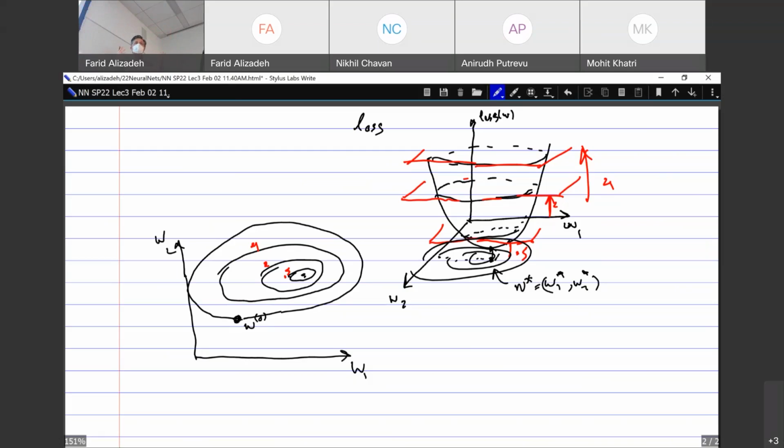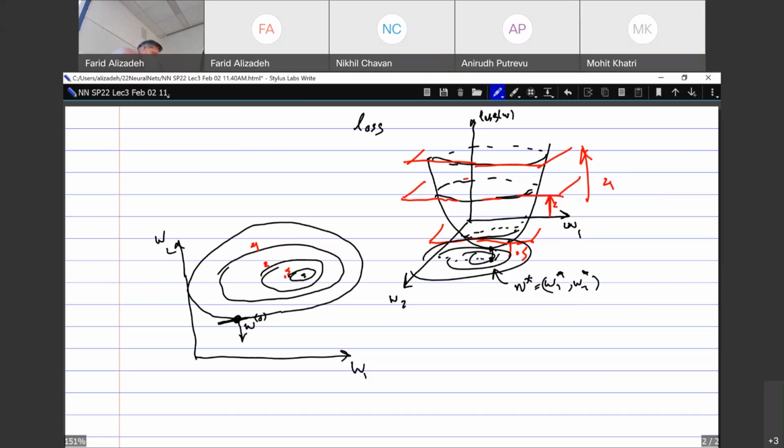One very simple idea is that if you look at a tangent at this point on the contour map, then a vector that is orthogonal to this tangent, if you go in that direction, you get worse.